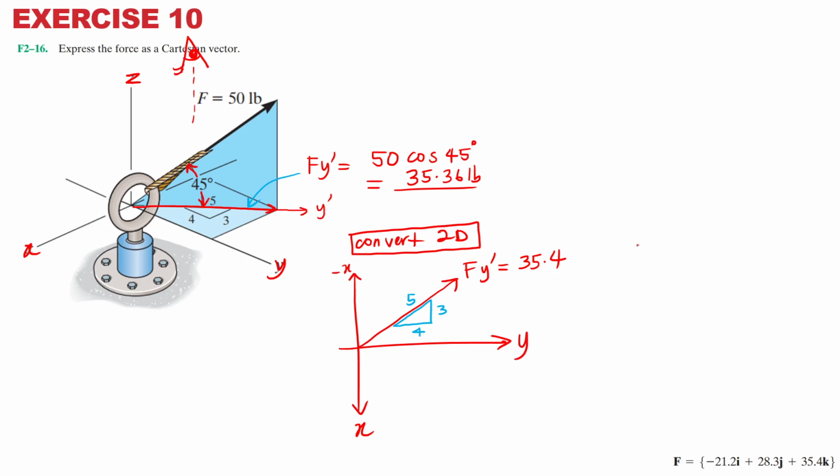35.4. Okay, this one. So Fy you can get easily. This will be Fy. How about this one?